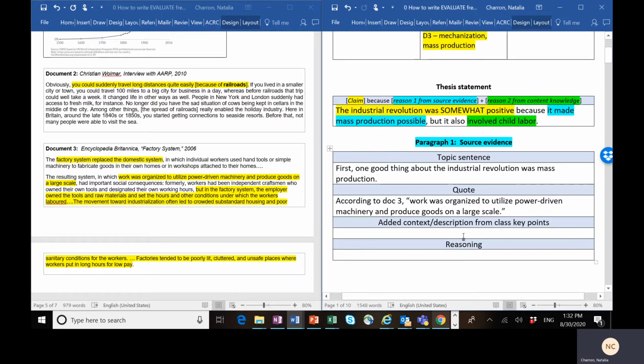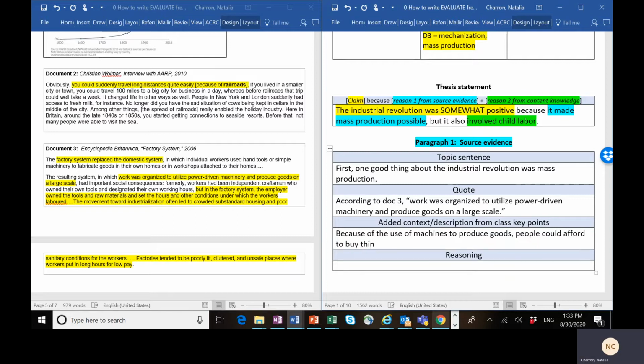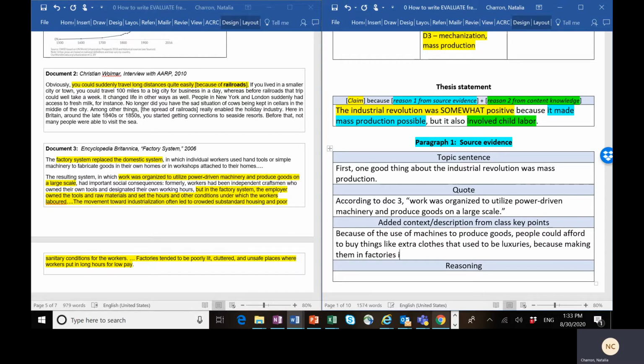So, because of the use of machines to produce goods, the short-term effect of what this quote is talking about is that people could afford to buy things like extra clothes that used to be luxuries, because making them in factories is way cheaper than making them by hand.